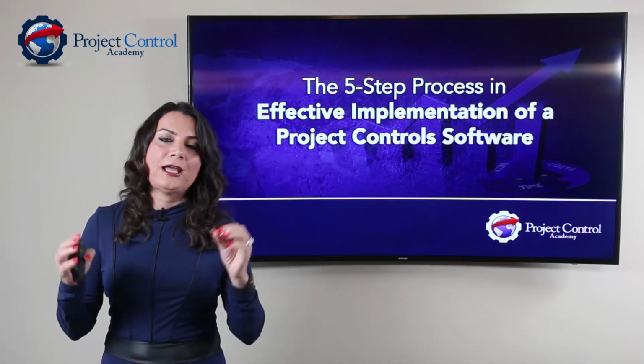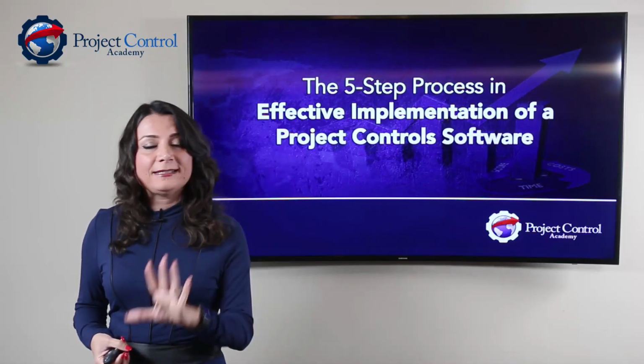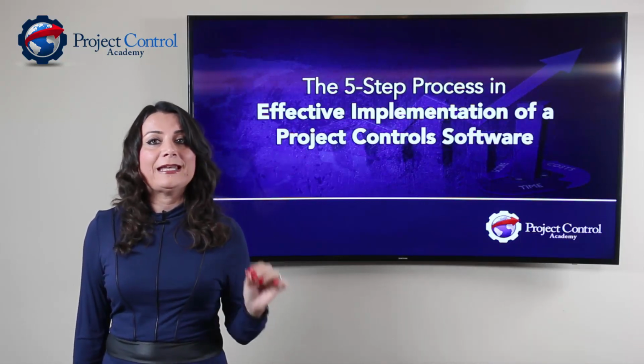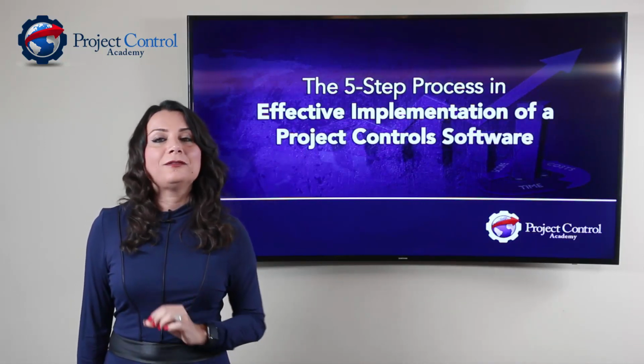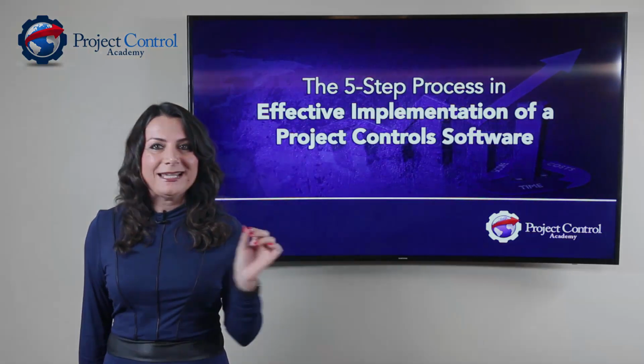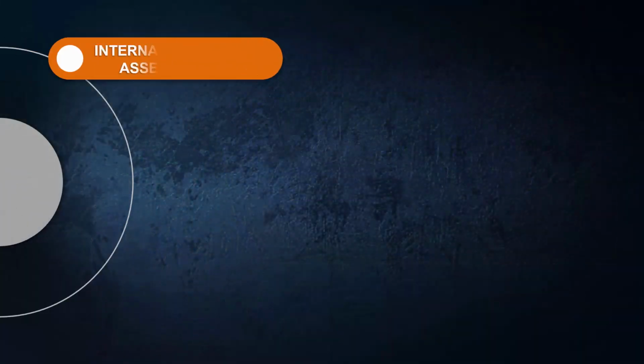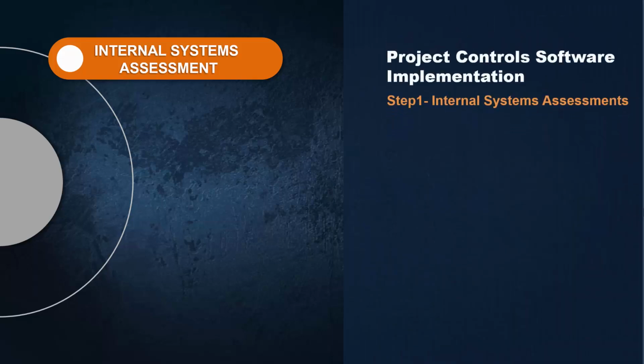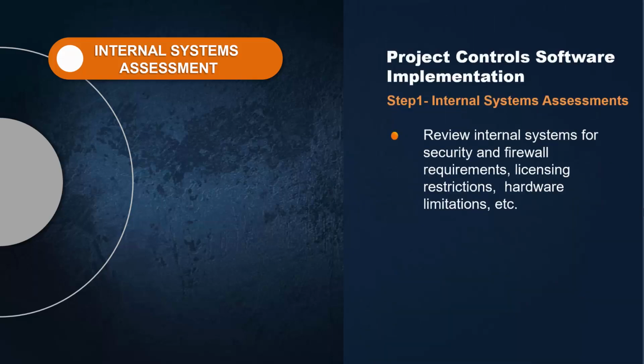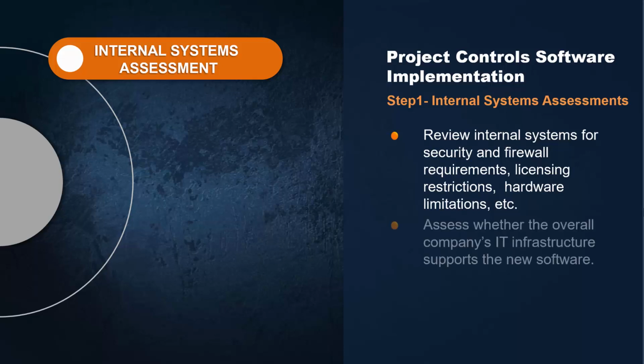But in today's session, I would like to cover the 5-step process that you need to follow for effective implementation of the project control software. So let's go. The first step is having an internal system assessment. You need to have a meeting with your IT team and figure out whether or not the IT infrastructure your company has supports this new tool that you're introducing.